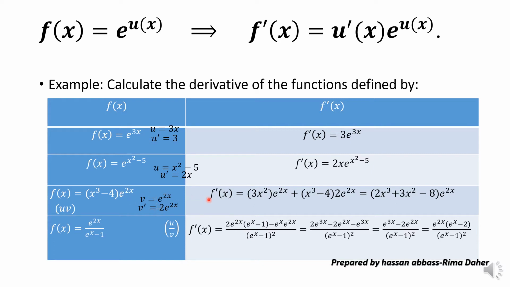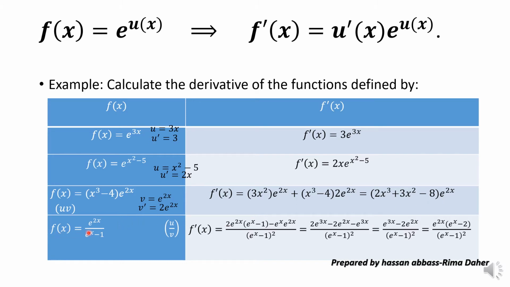Then f prime of x equal the derivative of x cubed minus 4, 3x squared, into v e^(2x) plus x cubed minus 4 into v prime 2e^(2x). Take e^(2x) common factor, we get that f prime of x equal 2x cubed plus 3x squared minus 8 into e^(2x).